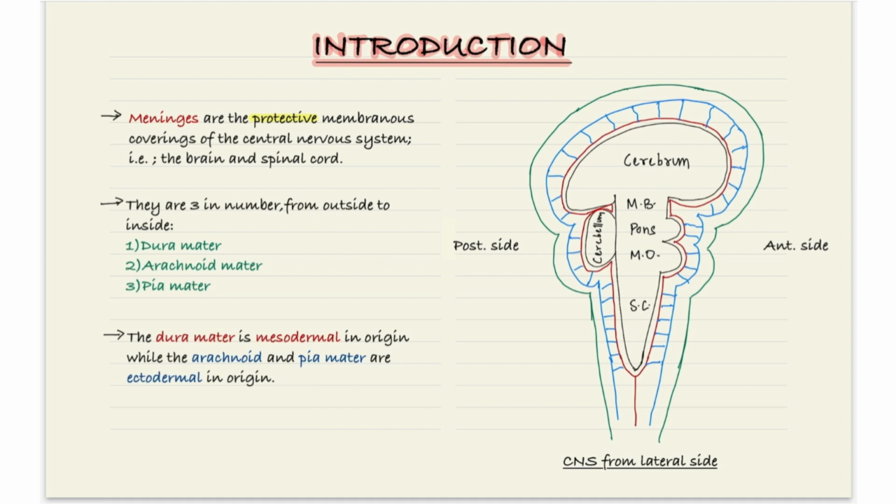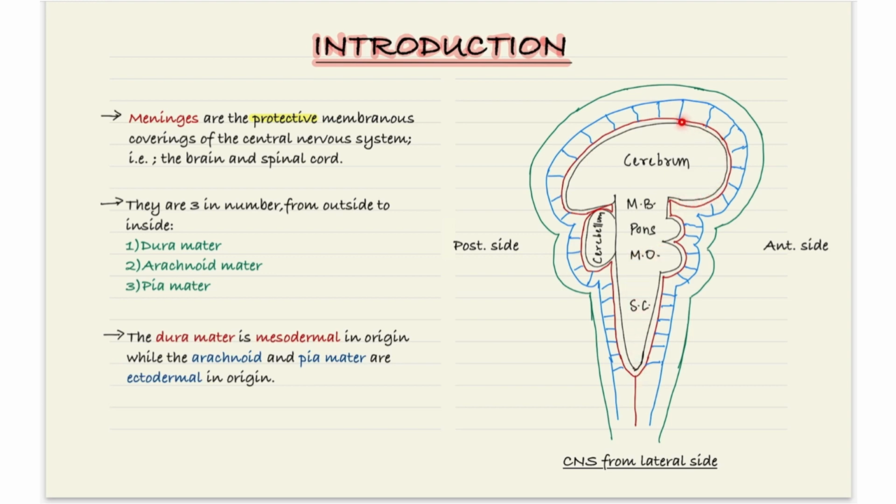Let's see in the diagram. In this diagram, this is the anterior side, this is the posterior side, and we are seeing from the lateral side. Okay, so the black part is the central nervous system, the cerebrum, midbrain, pons, medulla oblongata and the spinal cord.